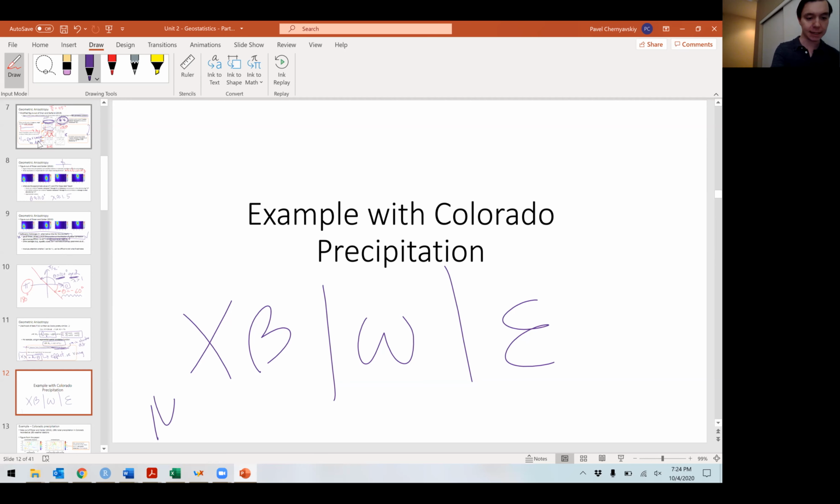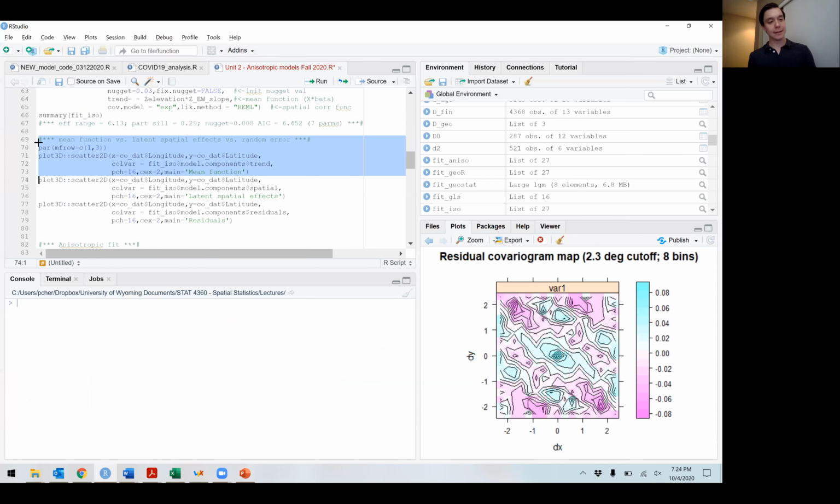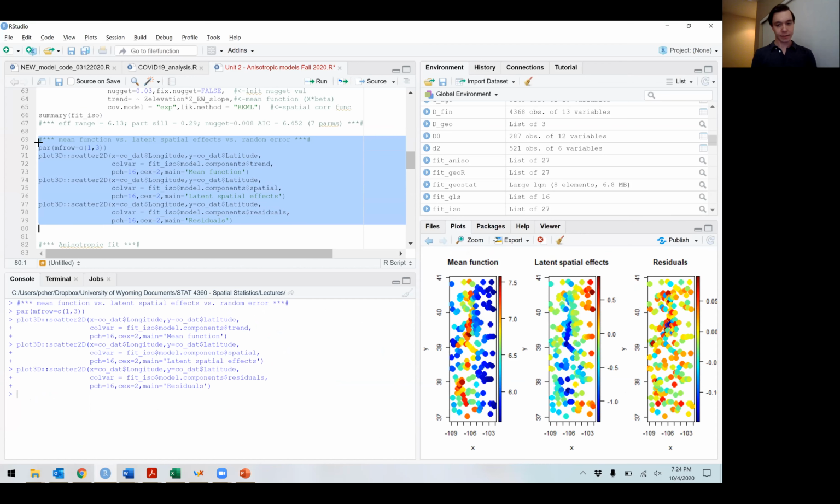Here is our mean. Here are our latent spatial effects. Here are our residuals. I can plot all 3 next to one another. Okay, and here is a default plot.